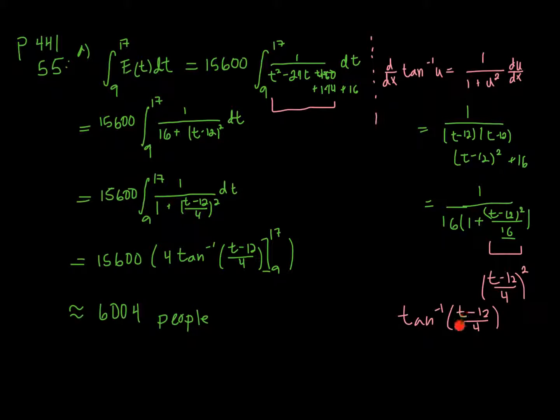However, when I take the derivative of the inside, I'm going to have t over 4 minus 12 over 4. The derivative of 12 over 4 is 0, and the derivative of t over 4 is 1/4.